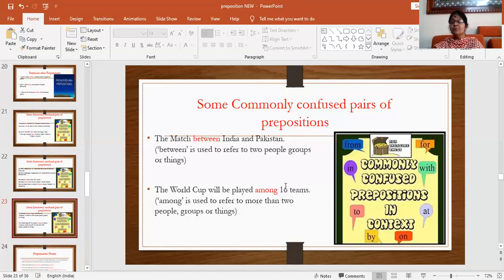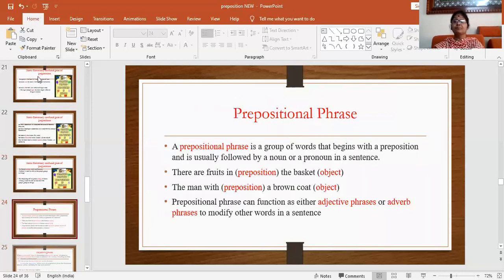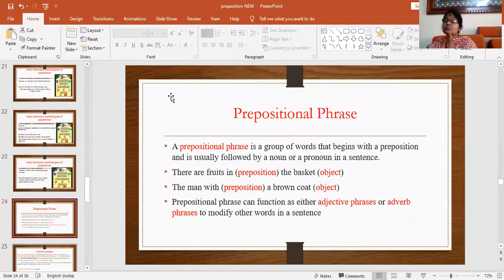Among, I'm using over here when we are talking about more than two people, two groups, or two things. Now these are a few that I have told. There are many. You can search on the net and you will find so many prepositions that we get confused with.